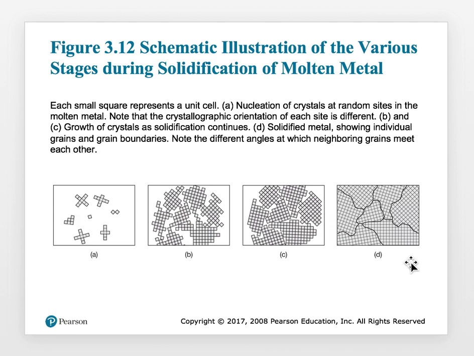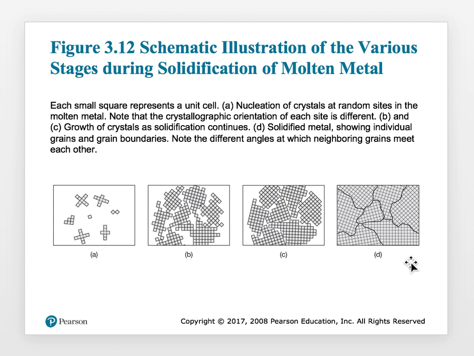Now, when you are creating a casting, for example, or you are taking a material that is made by the solidification process, how are castings made? Castings are made by pouring a molten block of material into a mold.